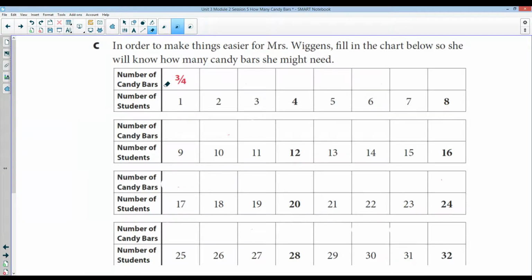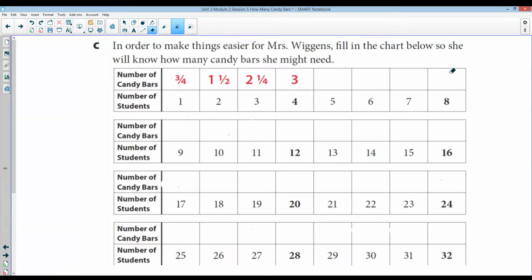So we already did 3/4 for 1, and 2 would be 1.5. We had 3 was 2 1/4, and 4 was 3. Now looking at these, they bolded this right here because they said if you know 4, how many would be 8? If we just double the amount of students, we just have to double the amount of candy bars.